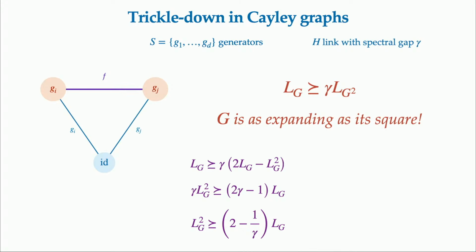Then with a little bit of rearrangement, you get that the square of the Laplacian is PSD at least this particular number, 2 minus 1 over gamma, times the Laplacian of G. Okay, so this was meant to be a quick treatment of the trickle-down theorem, but I'm happy to answer any questions that people might have about it.